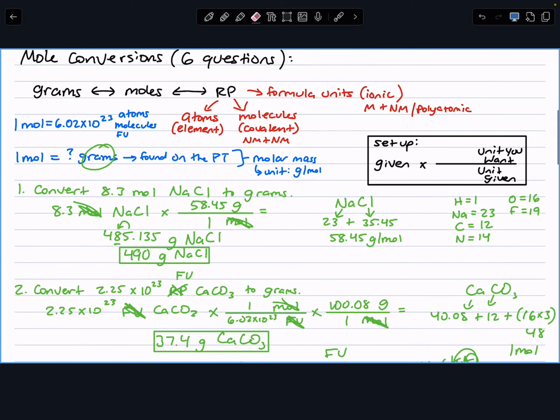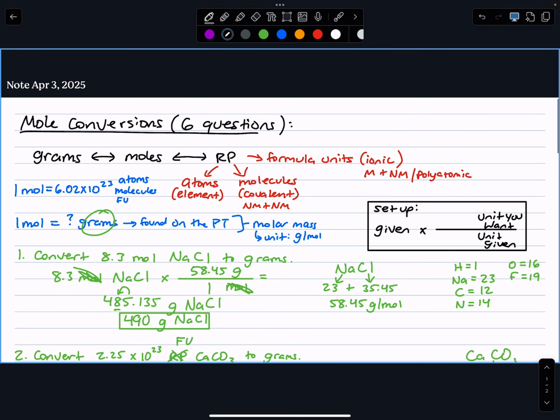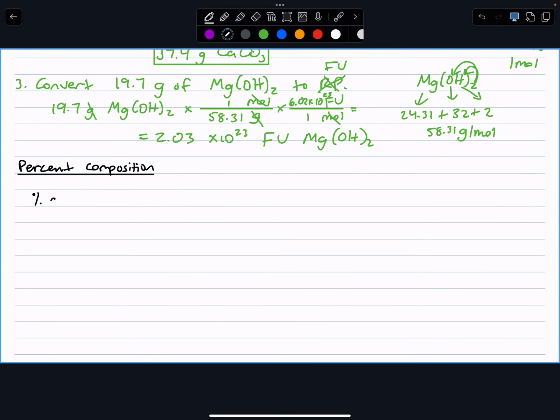Okay, I'm not going to do any more of this because I don't have time to. Let's move on to percent composition, okay? For percent composition, there's a formula that you have to memorize. In order for us to determine the percent composition of elements in a compound, I use this formula.